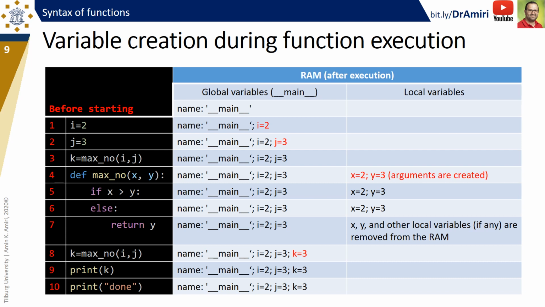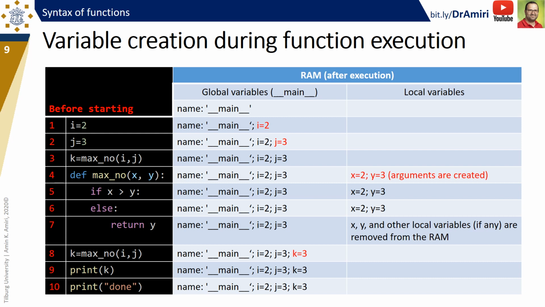After that, in line 5 to 7, x and y are used. And finally, when return y is executed, all the variables that have been created in this section are removed from the RAM, and only 3, which is the result of this function, is returned to the main body of the program.